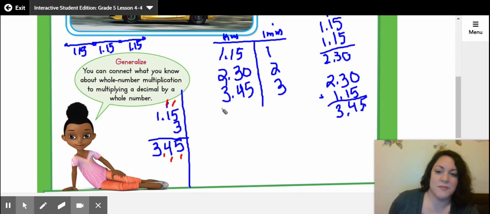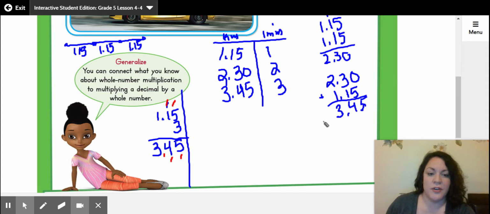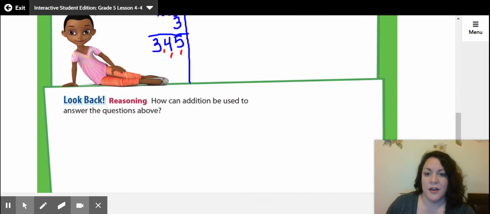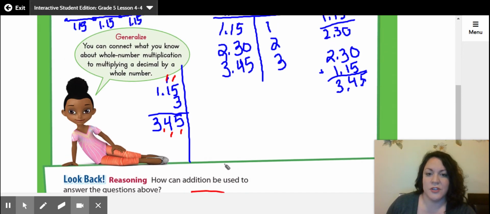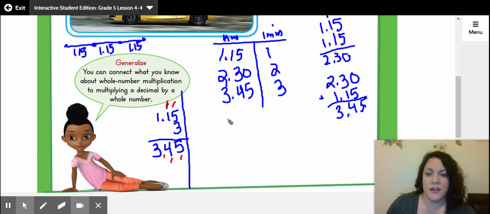Okay, let's try times 5. That was also part of the problem. This is how can addition be used. We just showed addition. We don't need to do that again. But let's try 1.15 times 5.